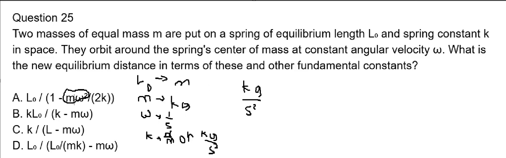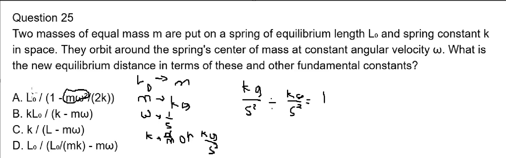Because, well, we have the kilograms from this mass and then the seconds squared from the omega, divided by 2k, which is that 1/2k. So we're just going to flip this. All right, so we can just divide by kilograms over seconds squared, which gives us just 1 or unitless, which matches this one over here.